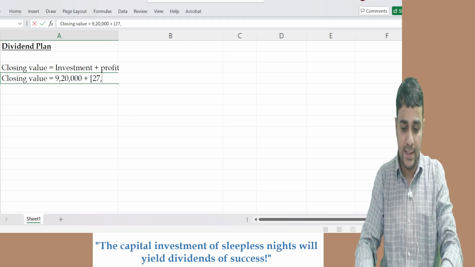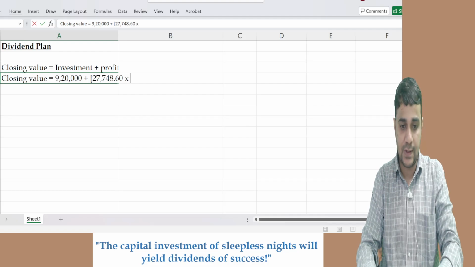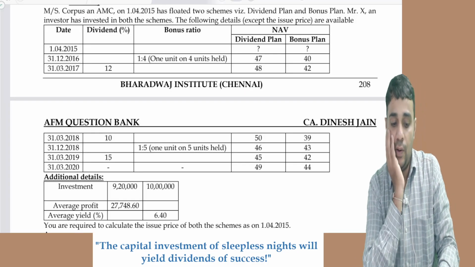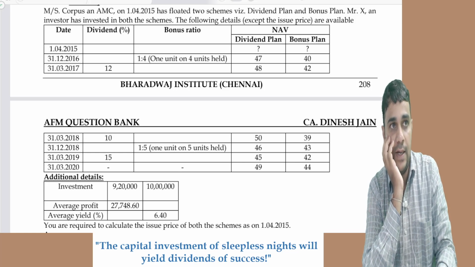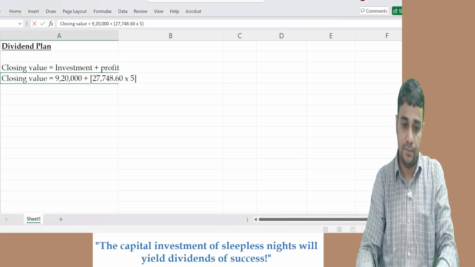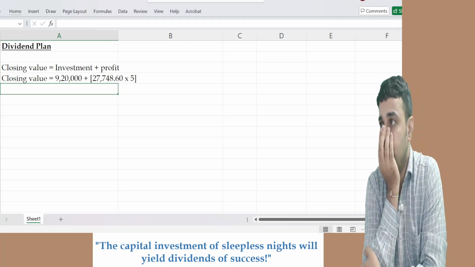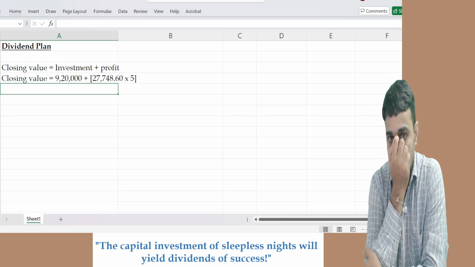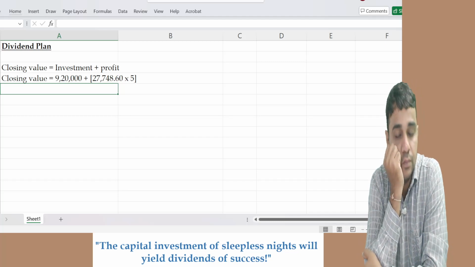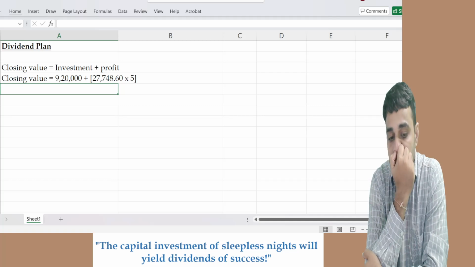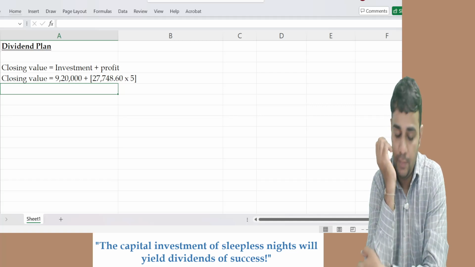Profit is 27,748.6. Average means per year; the term average indicates per year profit. How many years? 5. Tell me the closing value.